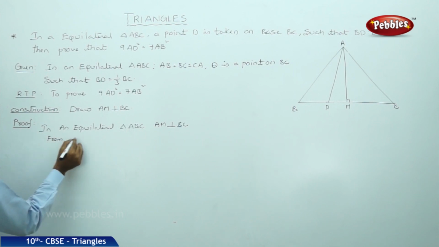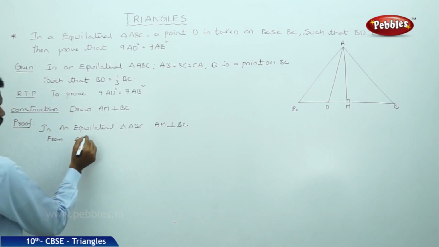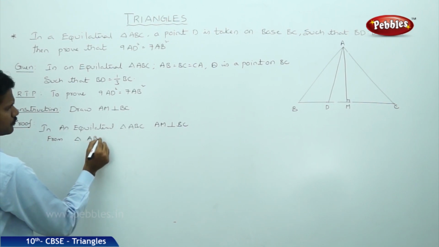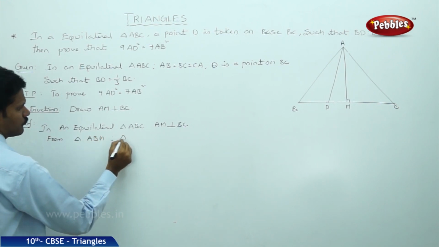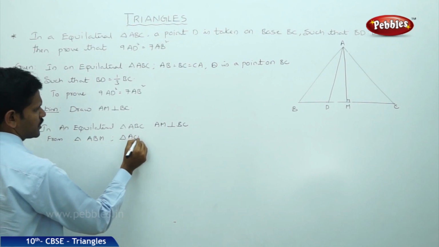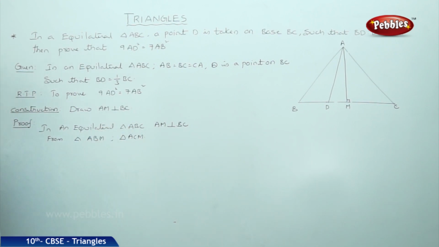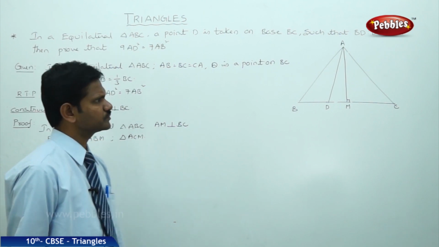Now from triangle ABM and triangle ACM, let us consider these two triangles.